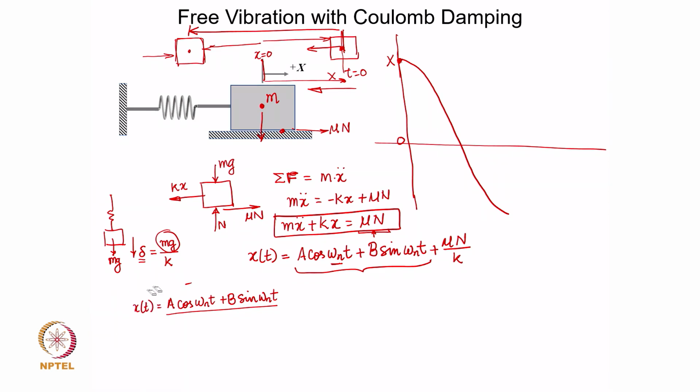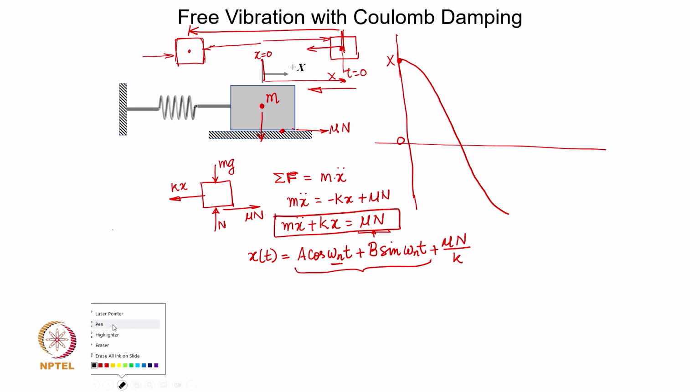We have done that part earlier, right? A and B are unknown constants, right, in the assumed solution, and those expressions for A and B are always obtained from initial conditions, right. So, for initial conditions, meaning at t is equal to 0, what are the initial velocities imparted to the mass and what is the initial displacement.